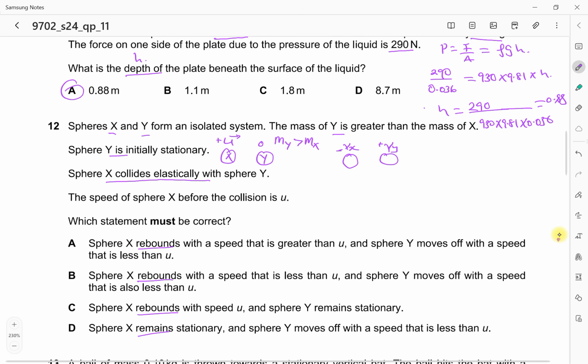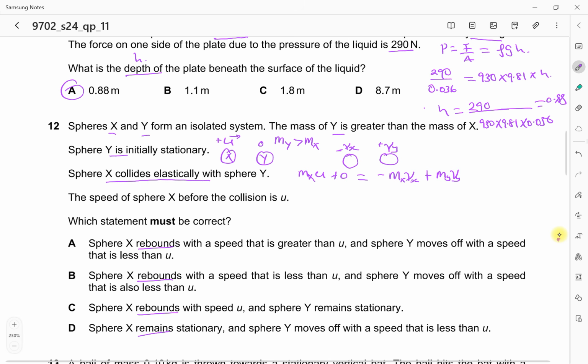So by conservation of momentum, initially the total momentum, I'll call the mass of x mx, times its speed, which is u, plus of course the other one is 0, should be equal to, for x, negative mx times vx, then plus my times vy.